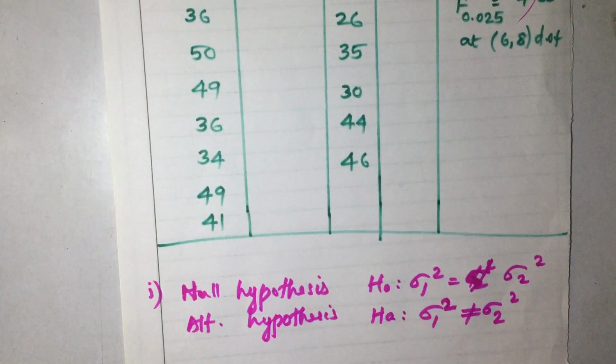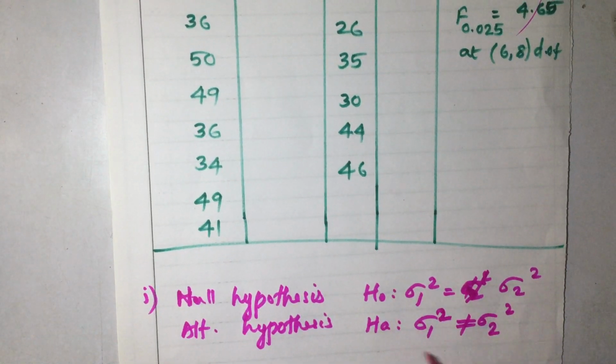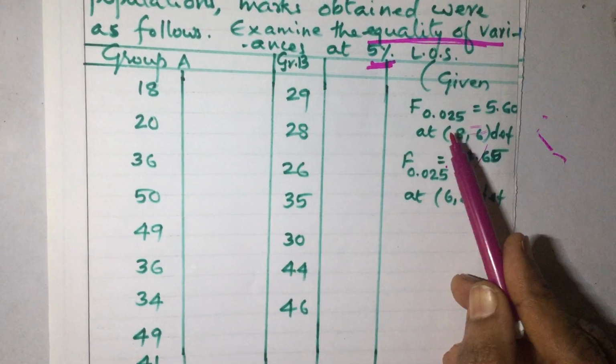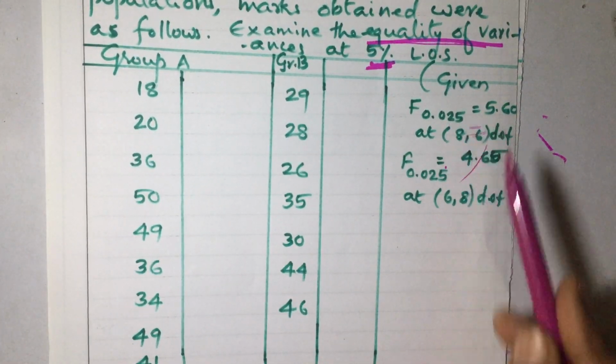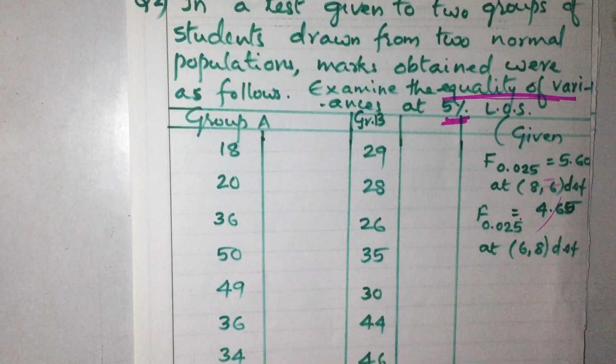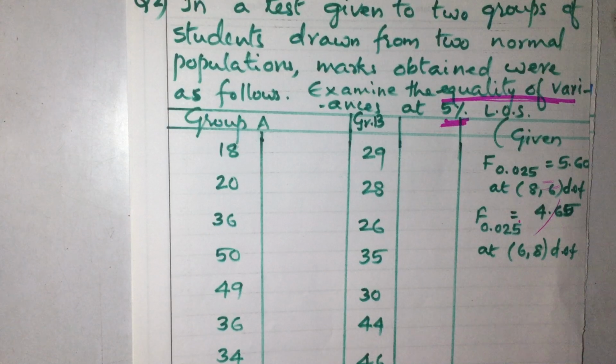This is what we want to check. So it is a two-tailed test. So 0.05 is divided into two parts, 0.025 and 0.025 to the right and left, and the table values are also given.